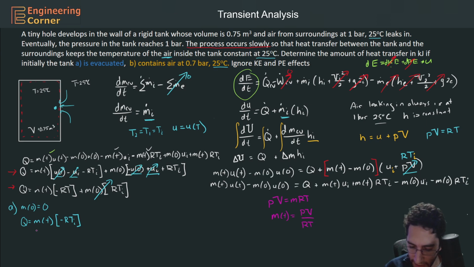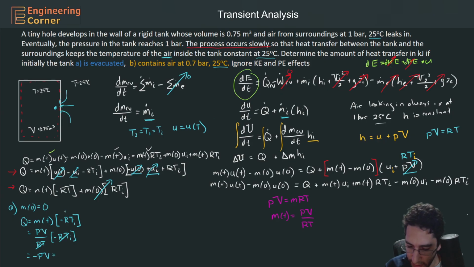So if I substitute that here, I'll get PV over RT times minus RT. And again, remember, all my temperatures are the same. So these are going to cancel out. And then this is going to be equal to minus PV.